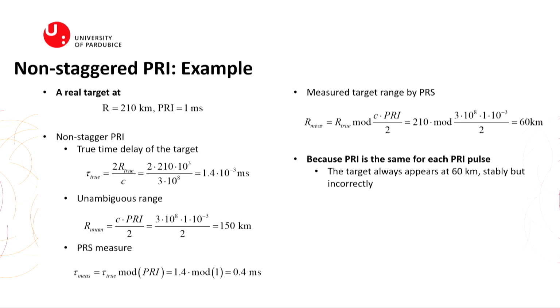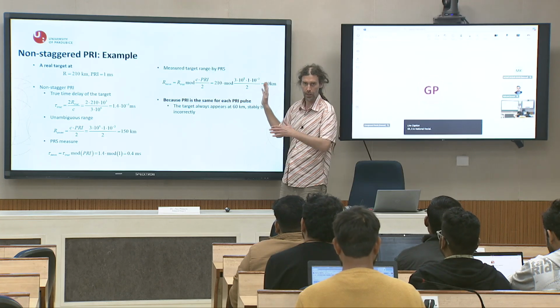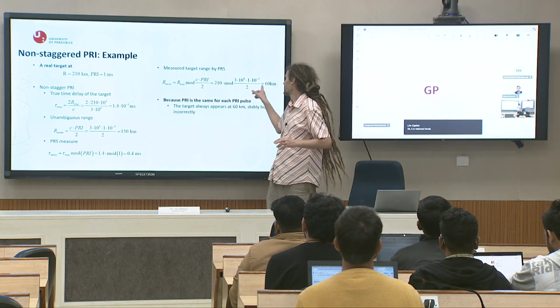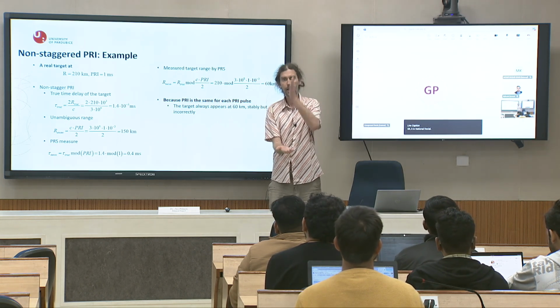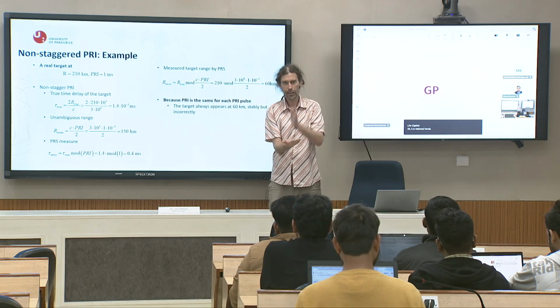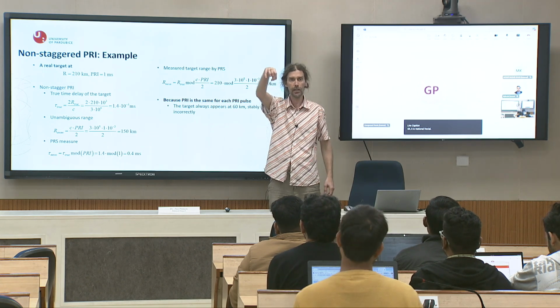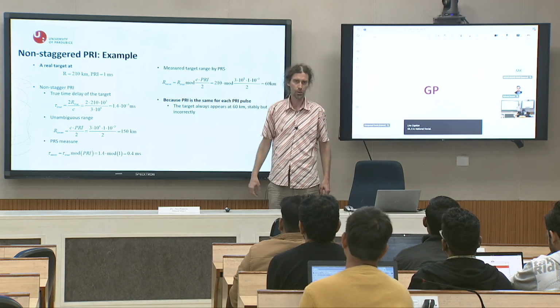The modulation of PRI, modulo 1, gives a result of 0.4, not 1.4 milliseconds. If you recompute, the measured range is 60 kilometers. You remember it was yesterday's example. So if it is a static target with any PRI, you will see 60, 60, 60, 60, and you think that is a static target at 60 kilometers, but it is not true.